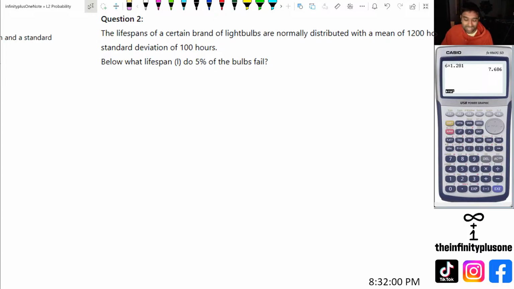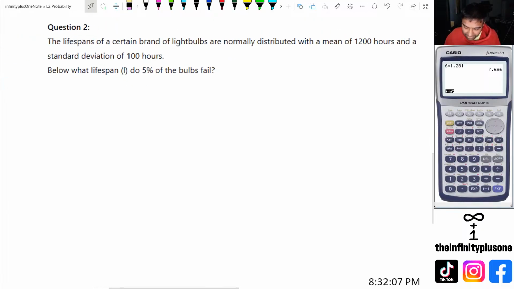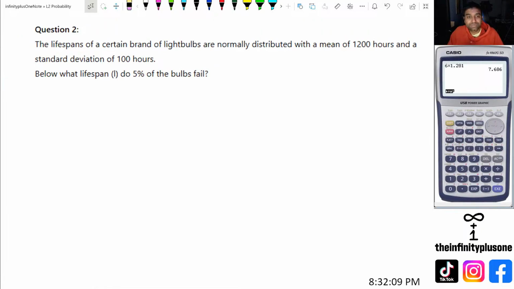I don't know if I'm going to have time because I've got so many people asking me for numeracy co-requisite at the moment. All right, let's try question number 2 here, people. It might just be a crash course.